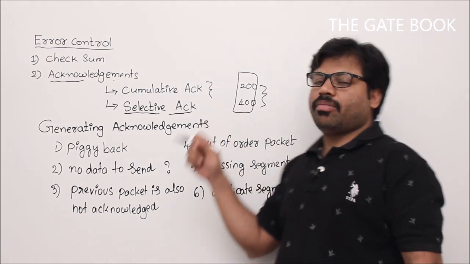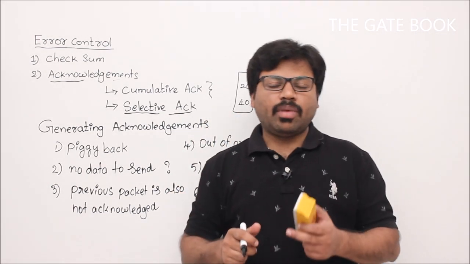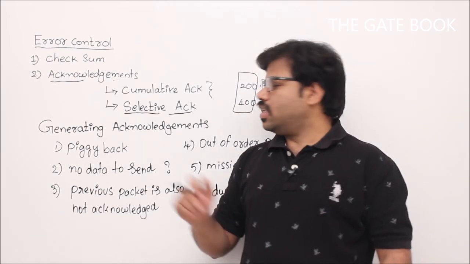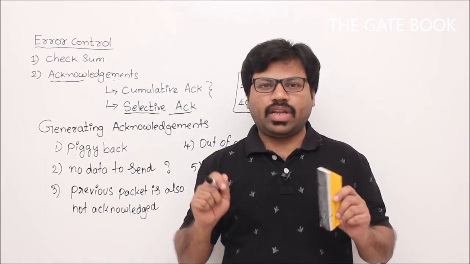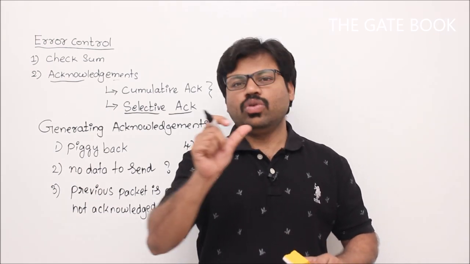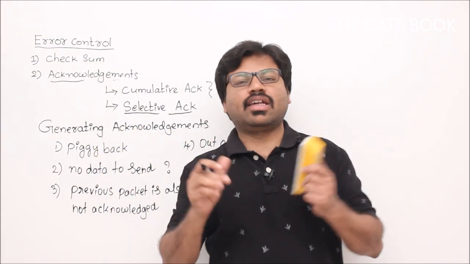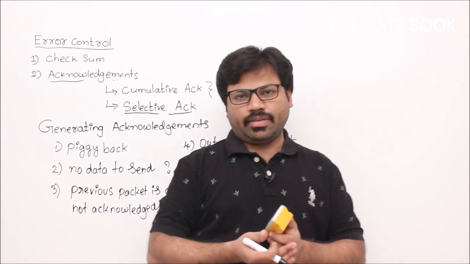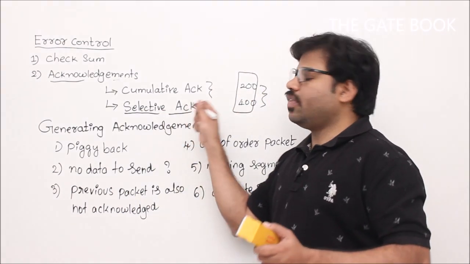In that way we can inform about selective packets or selective bytes. So this selective ACK says simply, my dear sender, the 400th byte to 600th byte are missing. Now do whatever you want. Do the needful. In that way we can use selective ACK.